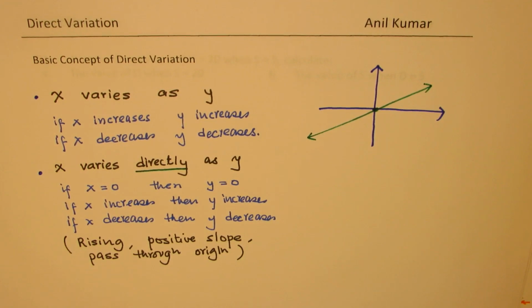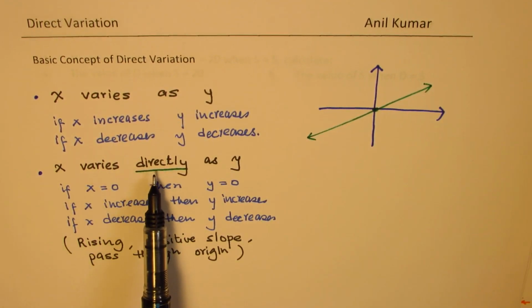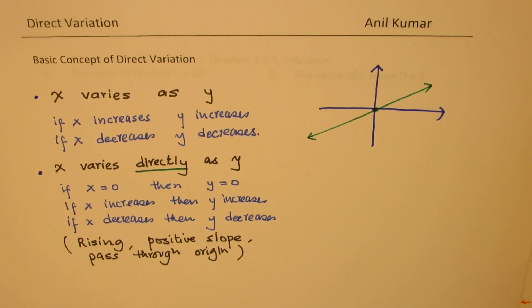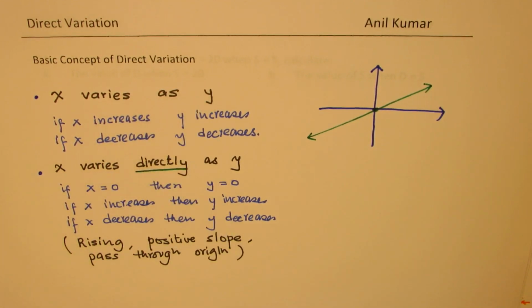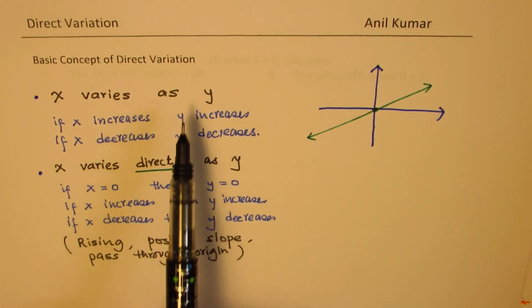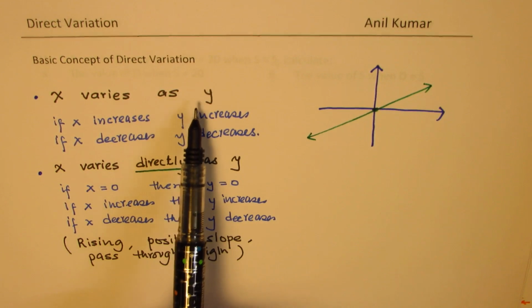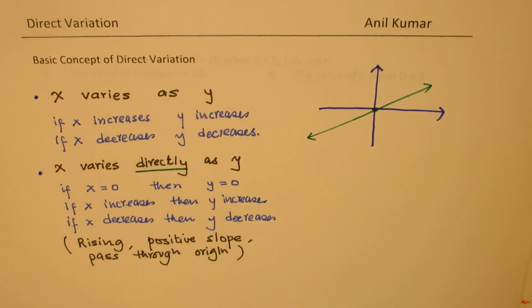So these are the ways in which the word directly qualifies the statement. X varies as Y does not necessarily mean that X equals 0 gives Y equals 0; it is not assumed. It could be different.